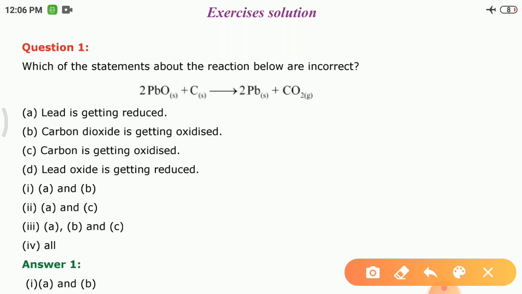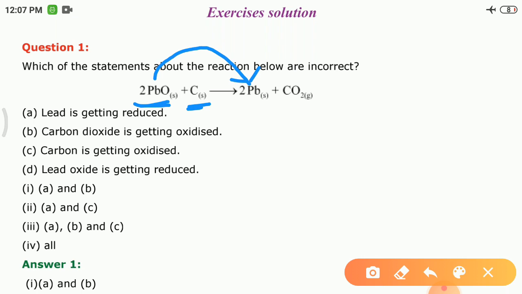So first of all, by seeing these options, we come to know that we should know what substance is going to be oxidized and what substance is going to be reduced. So first focus on the chemical equation. Here, we know that two reactants are there, lead oxide and carbon. Lead oxide during the reaction changes to lead and loses the oxygen.